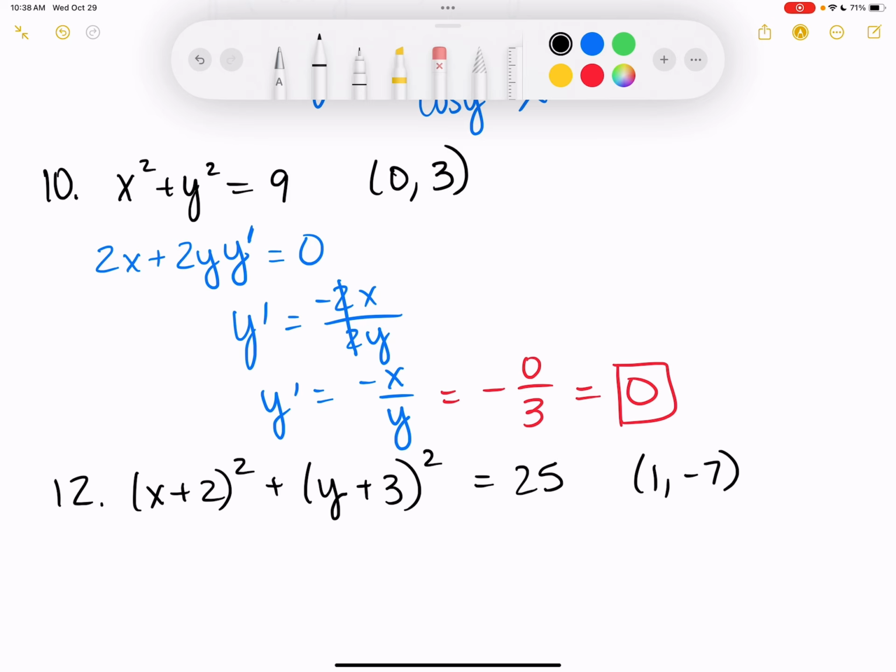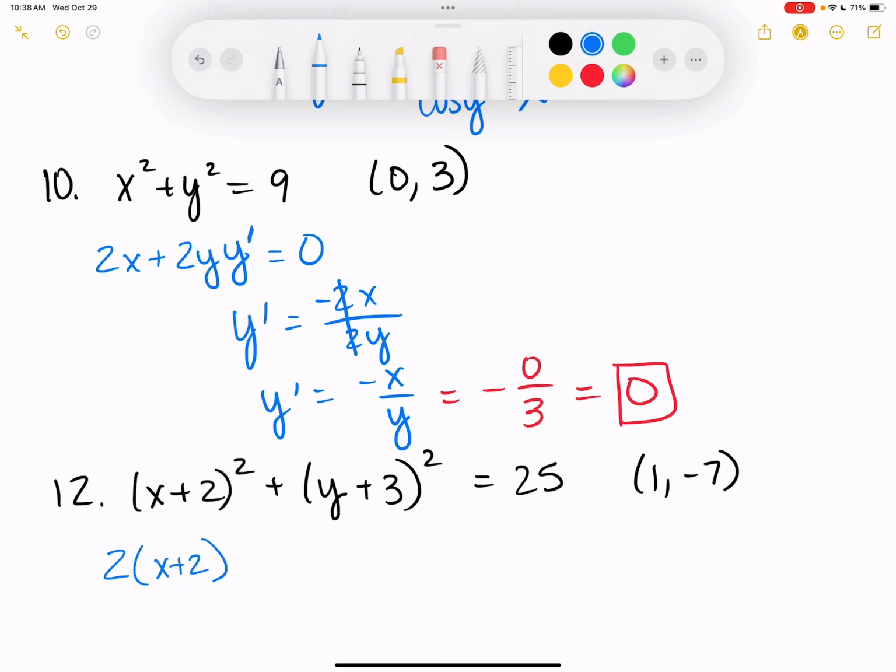All right, so now I need to take the derivative of this. They obviously have x's by themselves, and I still need to think about this as if it's a chain rule because I've got stuff inside, but a lot of it is going to end up canceling, so I don't really have to worry about it. So I take the derivative of the outside, so that's going to be 2 times (x + 2) times the derivative of the inside.